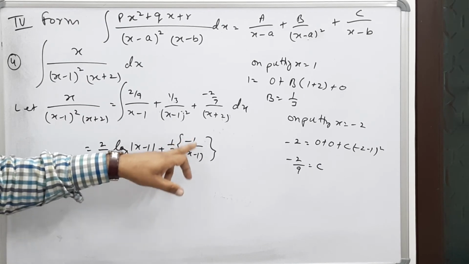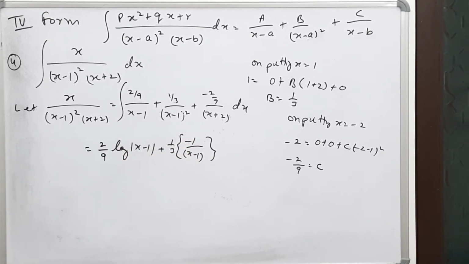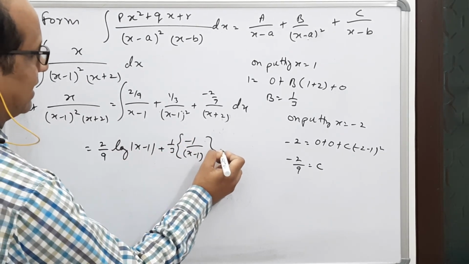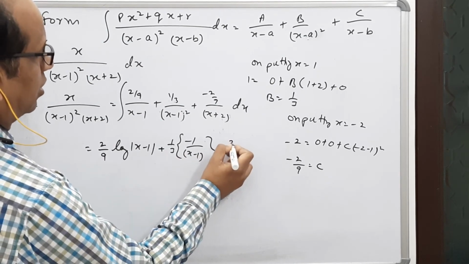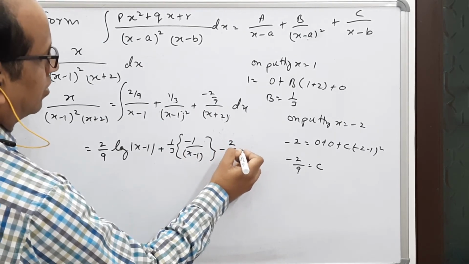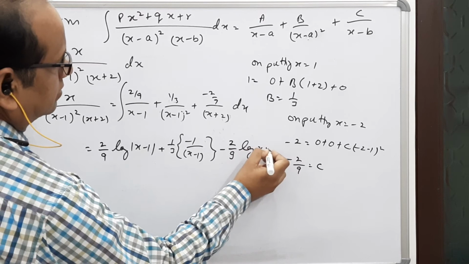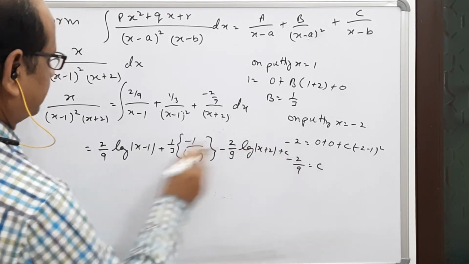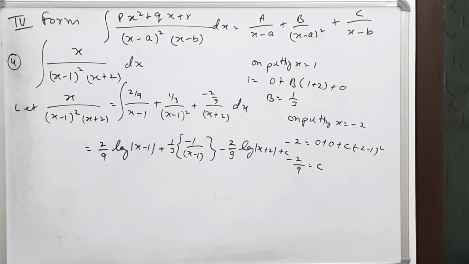So here it will be −1/(x − 1). And the last part is (2/9) log(x + 2) + c. So this is the answer for this particular form, and it is the fourth form of the integration.